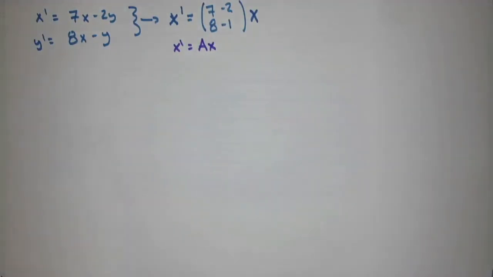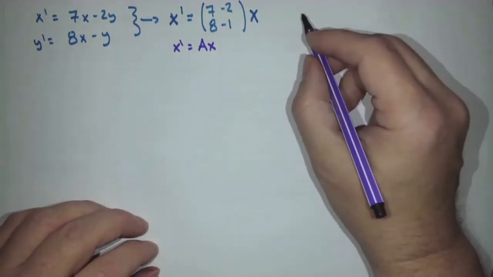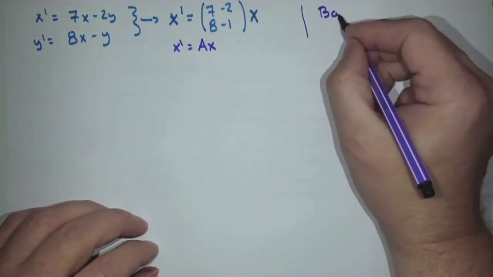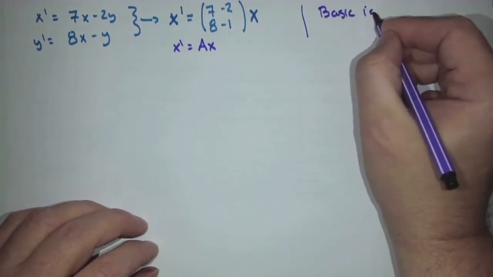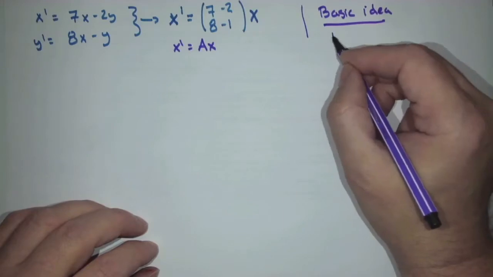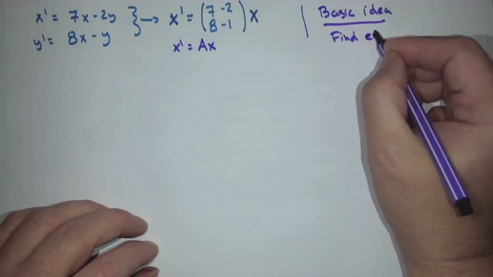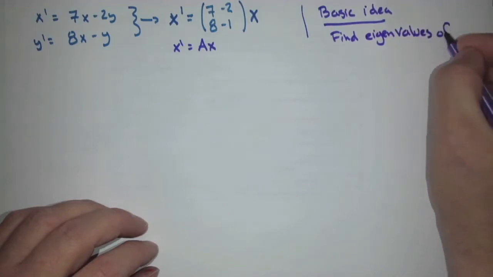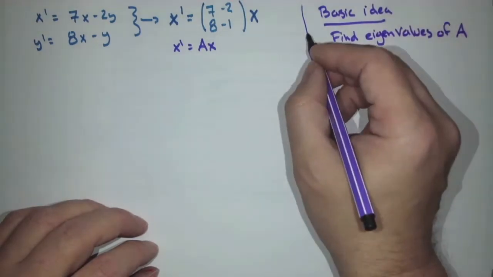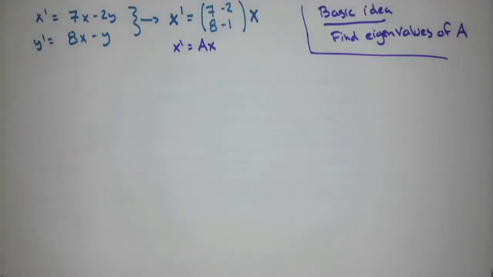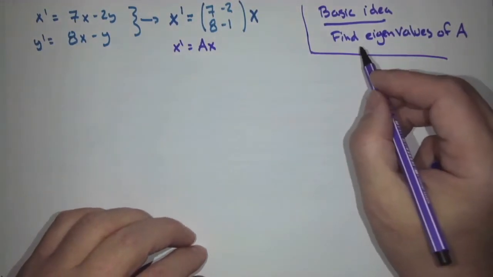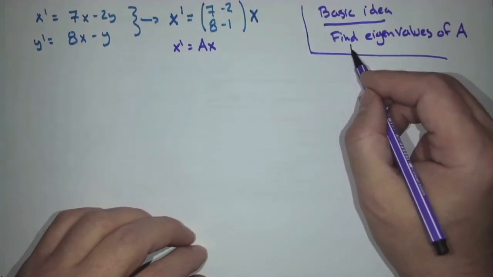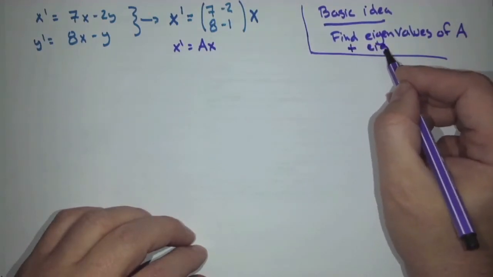Now is the fun part. Our basic idea is to find the eigenvalues of A, and we should also say the eigenvectors as well.